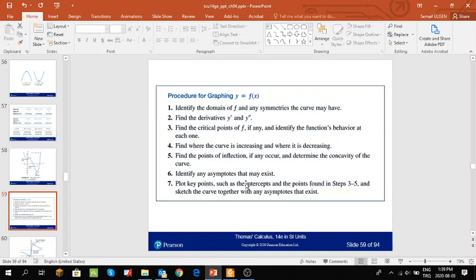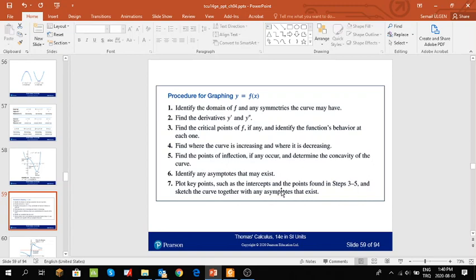And then asymptotes are also important. Identify the asymptotes if there are any. Maybe sometimes there are none. However, if there are some, then you just have to identify and express them and put them on the graph. And then we have the intercepts, x-intercept and y-intercept.